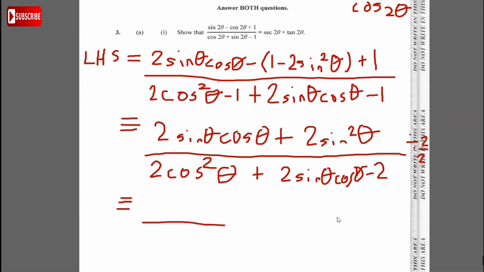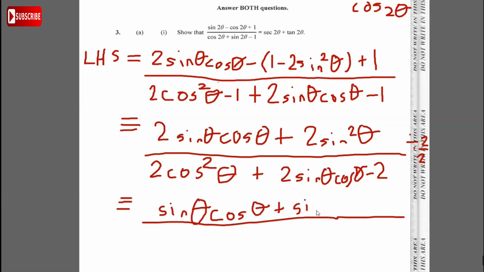Getting rid of the 2's, the numerator is going to leave me back with sine theta cos theta plus sine square theta.